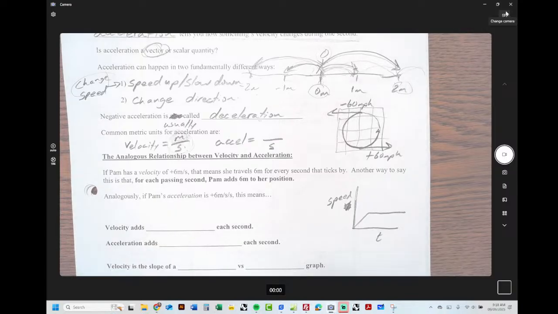I'm doing 1 meter per second, or I'm trying to. And if I want to do 2 meters per second, 1, 2, like that. But acceleration is different. I start out and then I add, not meters, but I add what? Is it velocity? I'm adding velocity. What are the units for velocity?